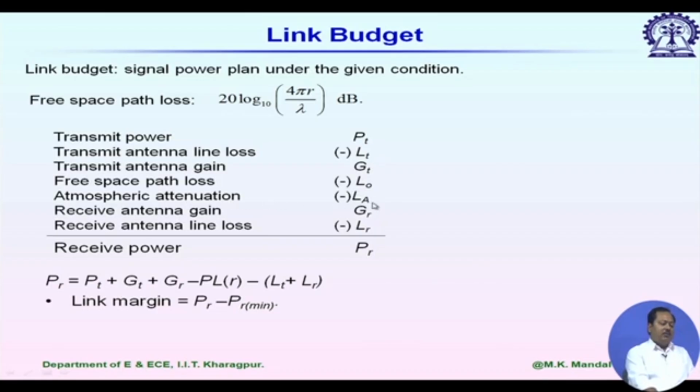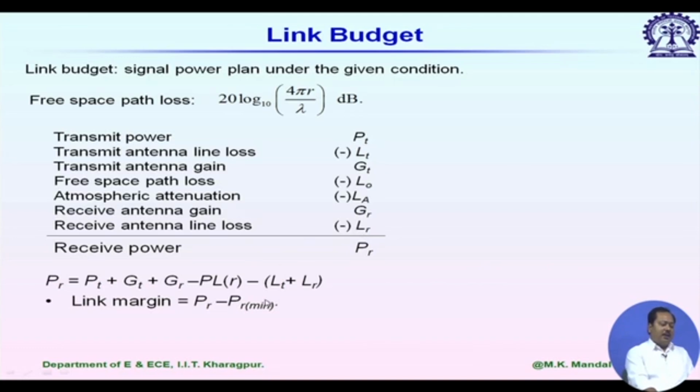Atmospheric attenuation, again we have a negative contribution. Receive antenna gain, just like the transmit antenna, with a higher gain we have higher receive power, and then finally the receive antenna line loss. The receive antenna is also connected to the receiver by some sort of transmission line, which will give you some loss, which is LR.